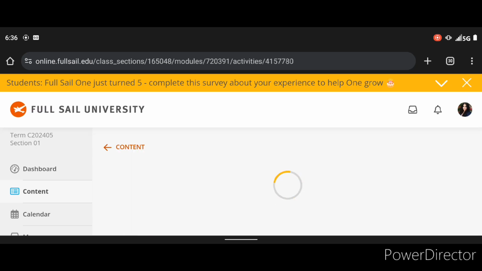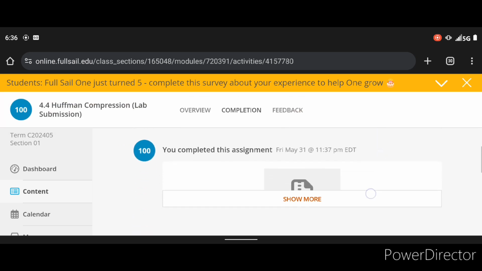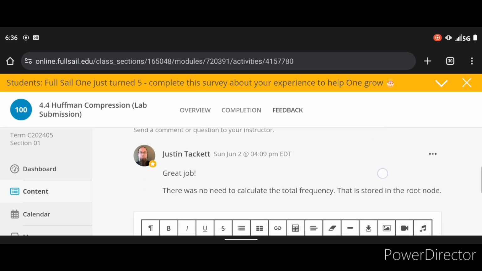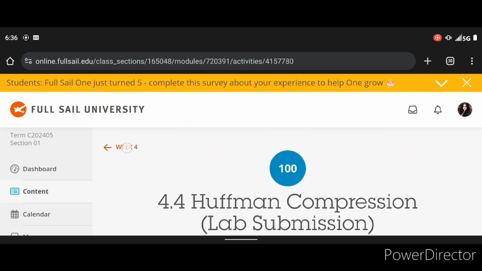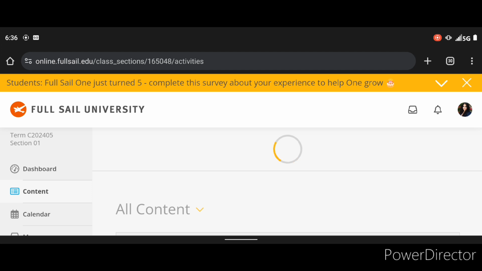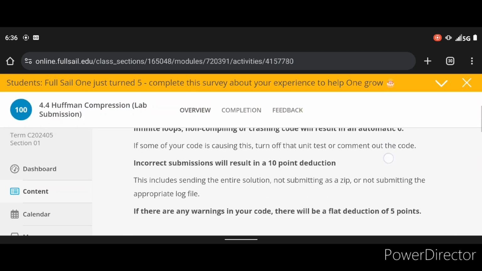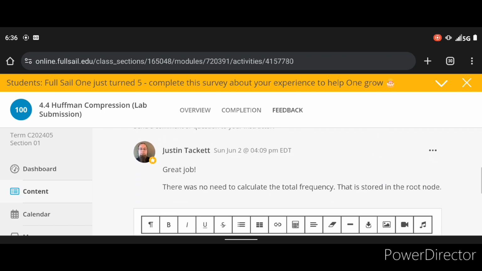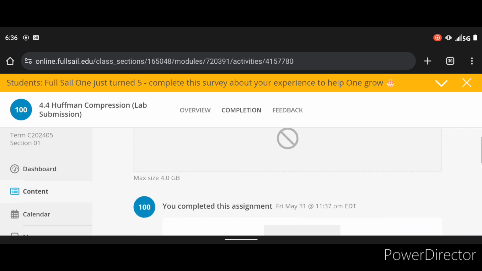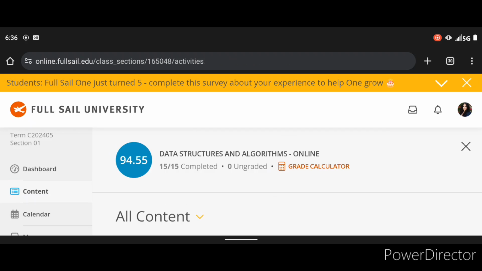The Huffman Compression lab, final lab, Lab 8. In particular, the Huffman compression algorithm is a lossless compression algorithm and is partially what the zip algorithm uses. It uses a frequency table to build a binary tree that is used to generate the encoded bit sequences, and it will compress data.